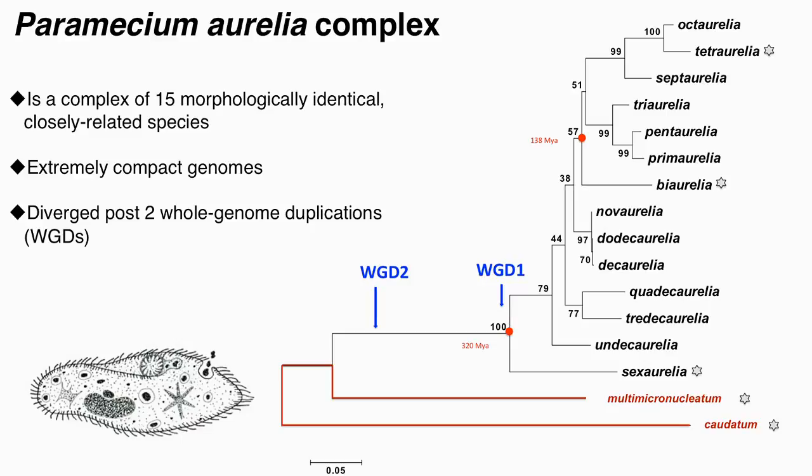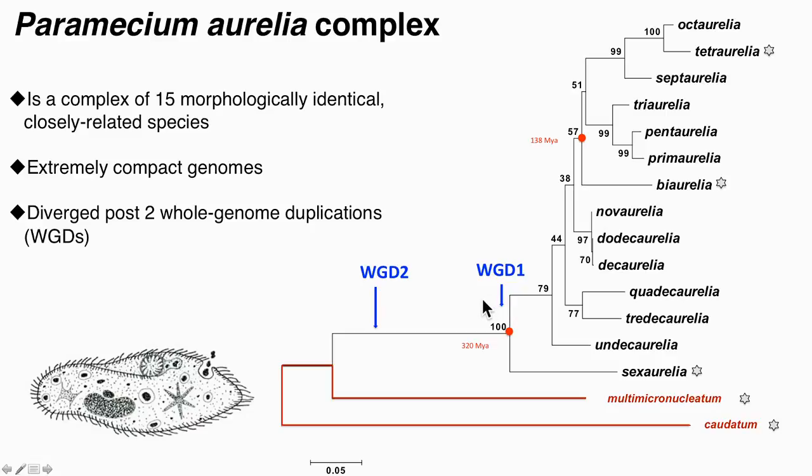And most of the aurelias still retain about 50% of duplicates that were created by the most recent whole genome duplication. So now Paramecium, as you saw, is also an upcoming model organism to study the evolution of duplicates.